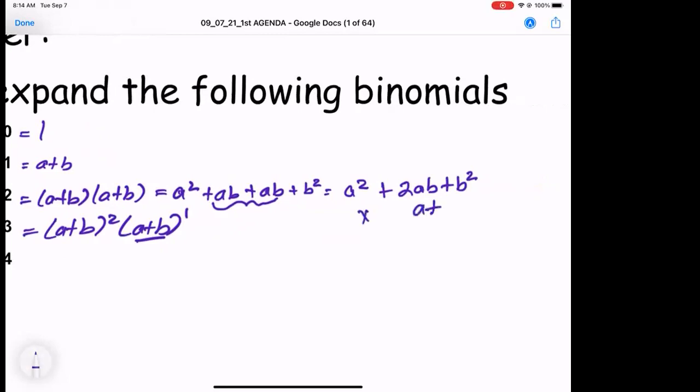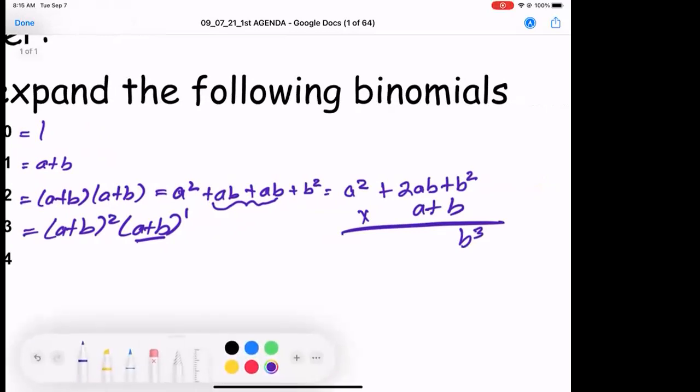So we're going to go right up underneath here and say multiply by a times b. And so b squared times b is b cubed. 2ab times b is 2a squared b.